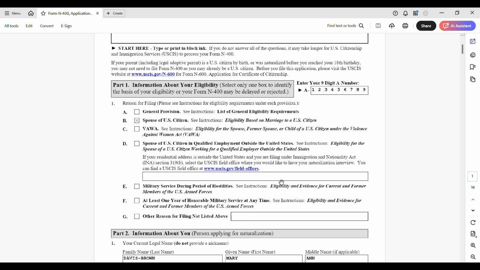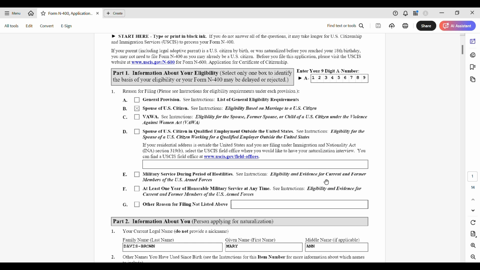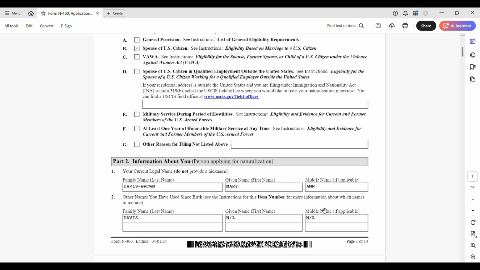The software that I used to complete this did not allow me to type that in, so you could just write this in if you are not able or allowed to do so while you're completing your form. And this form, by the way, is being completed to be submitted via mail. It's not going to be submitted online. So for these sections, after you print, you could put NA and NA, indicating not applicable.